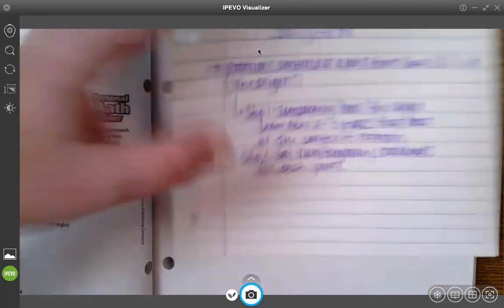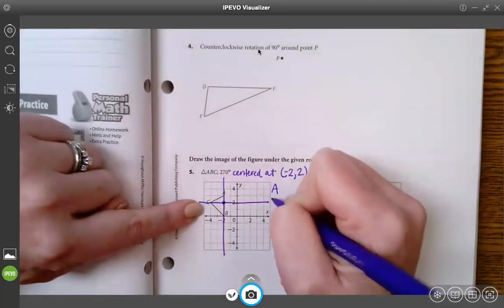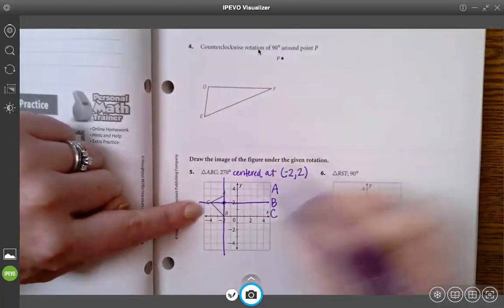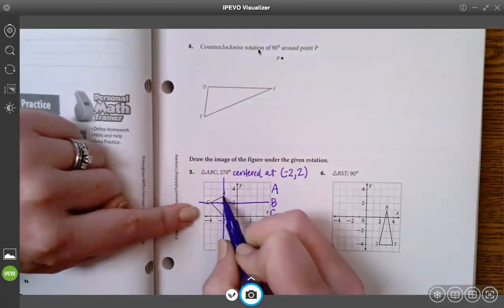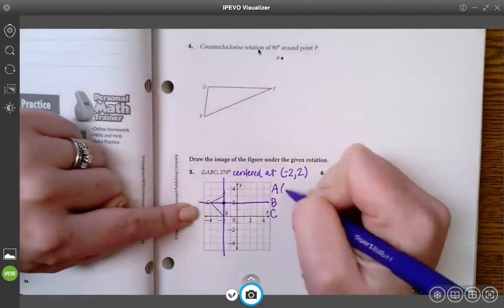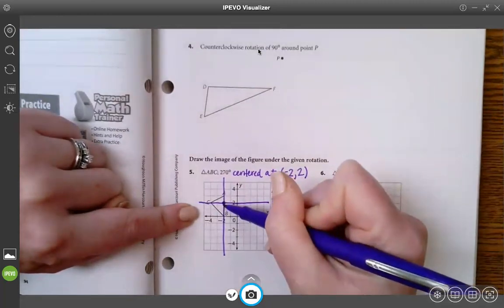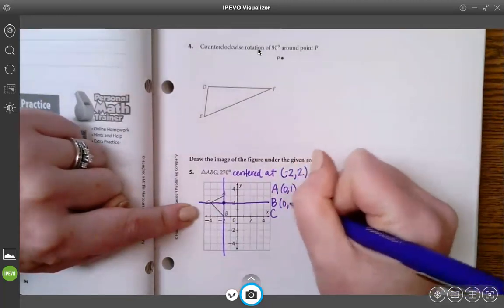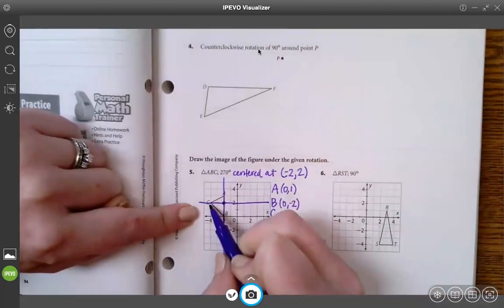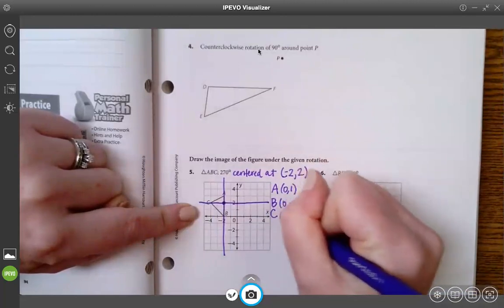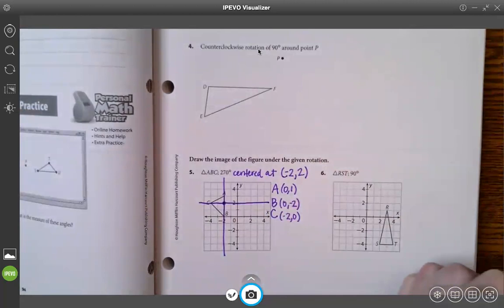So what would that look like? I've got my new origin. I know I have the point A and the point B and the point C. And if this were 0, 0, like I'm imagining that it is, A would be at 0, 1. B would be at 0, -2. And C would be at -2, 0. That is what getting new coordinates would look like.